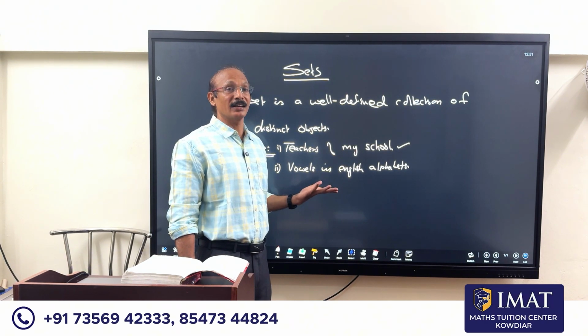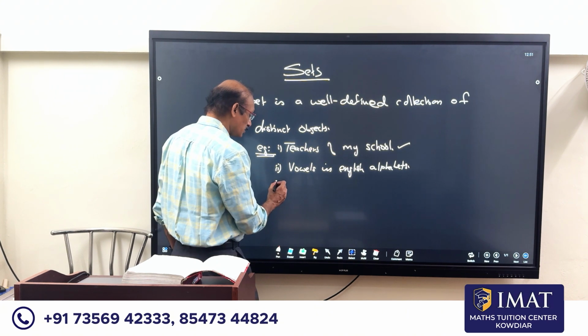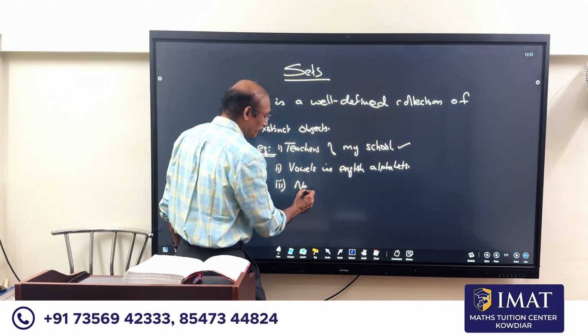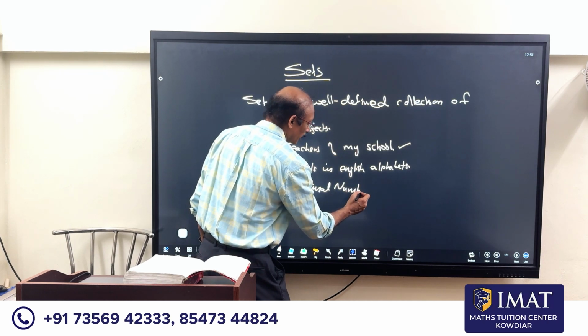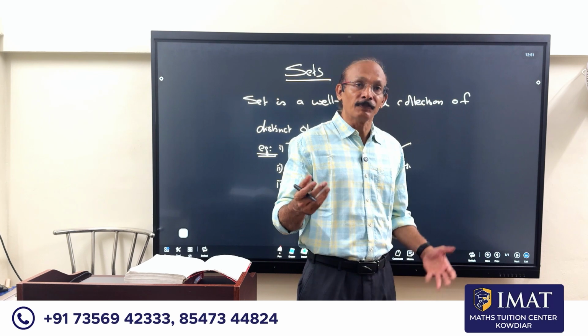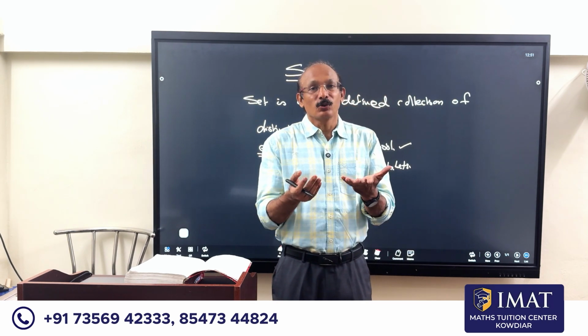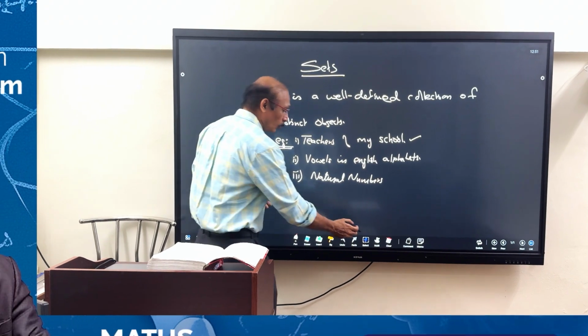So vowels in the English alphabet is a set. Say for example, I simply say the set of natural numbers. Now what are natural numbers? You know, numbers starting from 1 onwards: 1, 2, 3, 4, 5, 6, etc. So it's a well-defined collection, so you can call this a set. So this is another example of what a set is.